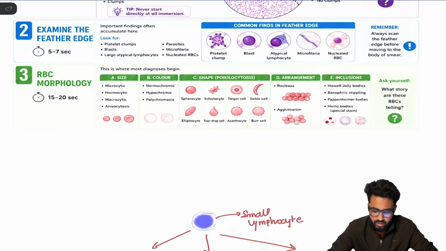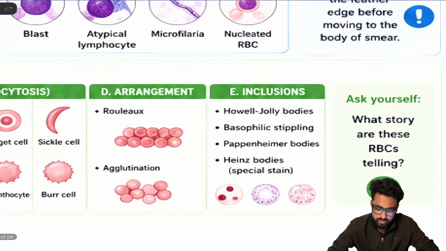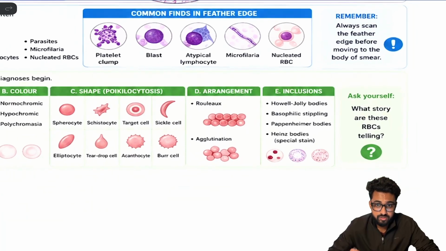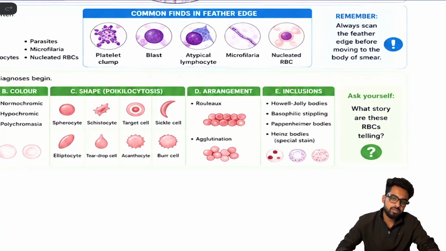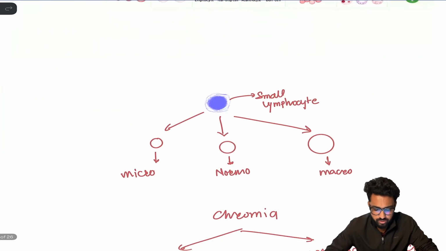If there are any in the RBC, like Howell-Jolly bodies, which are commonly seen, basophilic stippling, Pappenheimer bodies and Heinz bodies, then you should always mention them in your report. So ask yourself what story these RBCs are telling. This is the importance of RBC morphology examination.